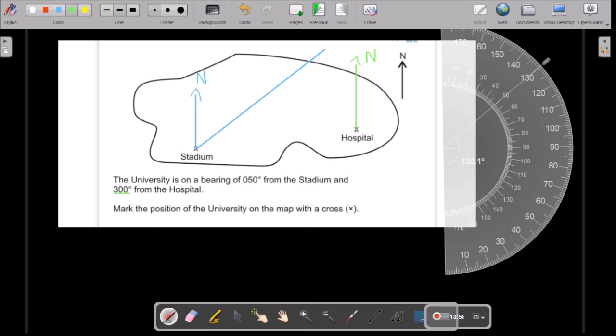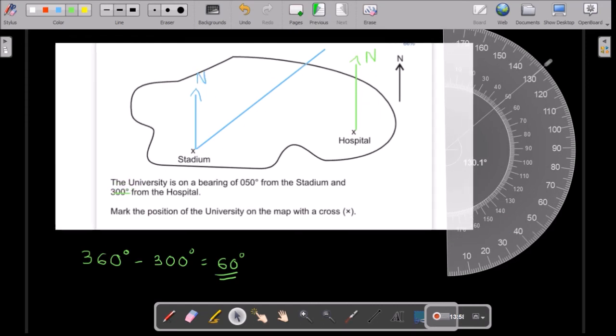Again, to draw this angle, because 300 degrees is a reflex angle, I've got a little trick for you, and this trick works for every single reflex angle that you need to draw. What I do is I subtract the reflex angle from 360 degrees, so my answer in this case is 60. So I'm going to draw a 60-degree angle, but in the opposite direction.